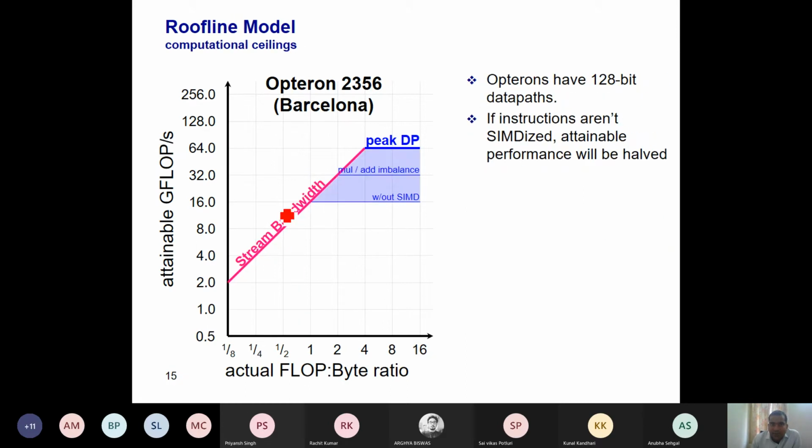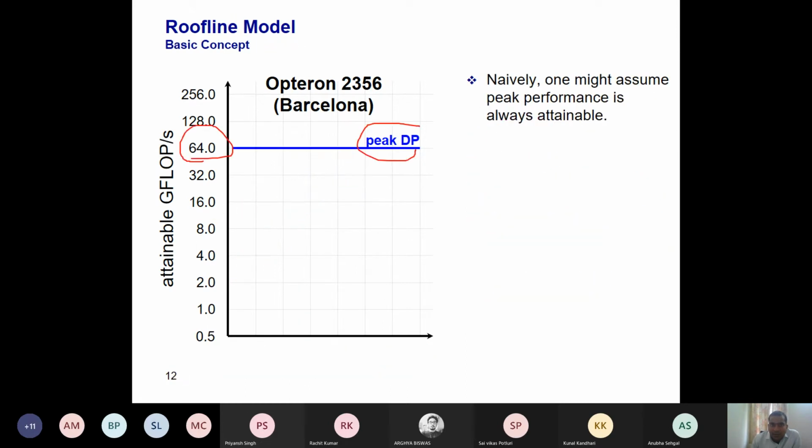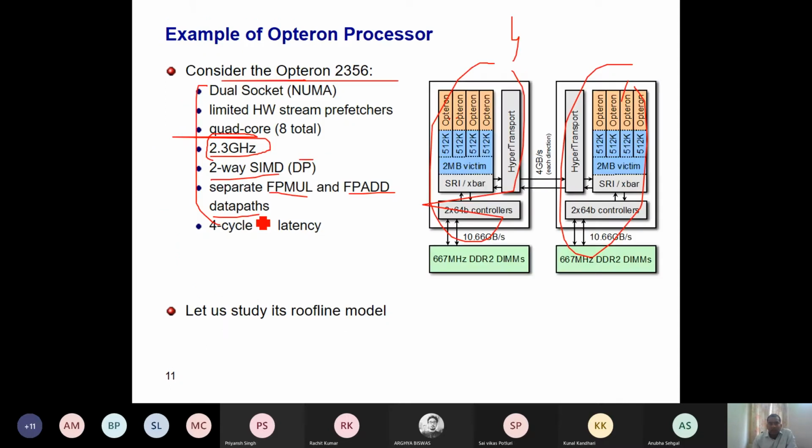In a similar way, we found out the peak performance for the Opteron. Suppose the frequency is 2.3. Then we have 8 cores. Now it has two-way SIMD. This is already almost 32.